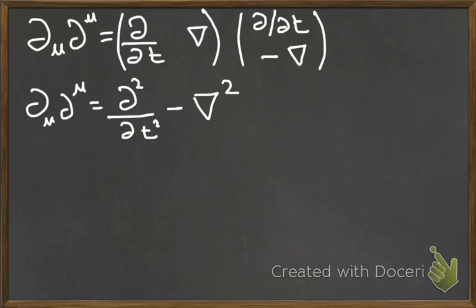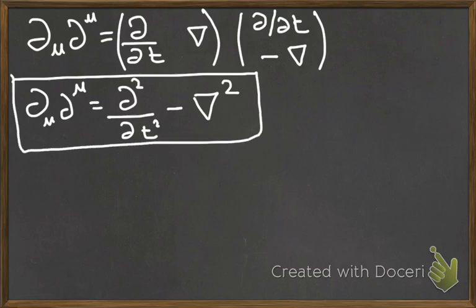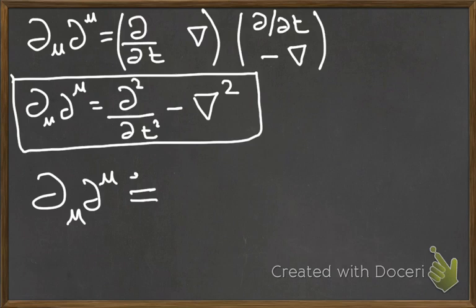Alright, now this thing over here will be very useful, and I'll further go on to define my partial mu as an operator that I'm going to represent like this, and this operator over here is called the D'Alembert operator.